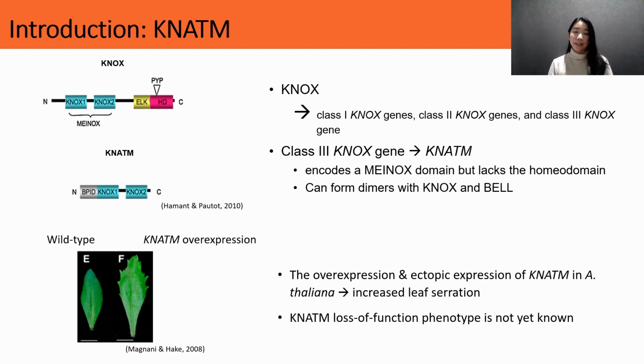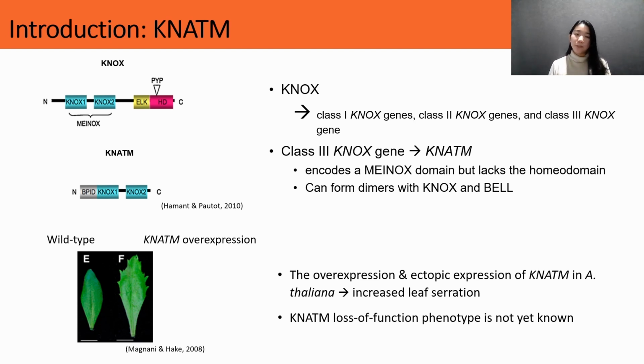The characteristic is that NATM encodes the main KNOX domain that KNOX protein have, but it lacks the homeodomain. But it still can form dimers with other KNOX proteins and BELL proteins.